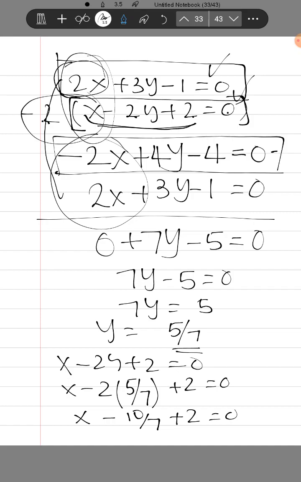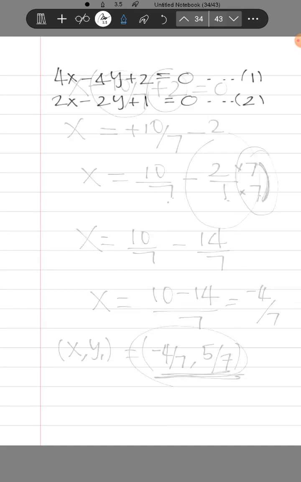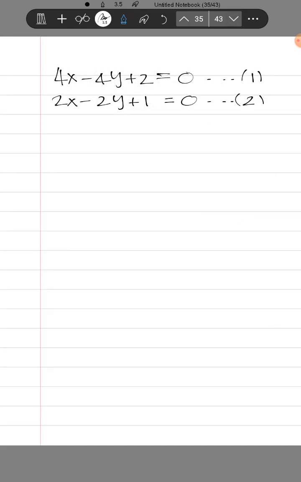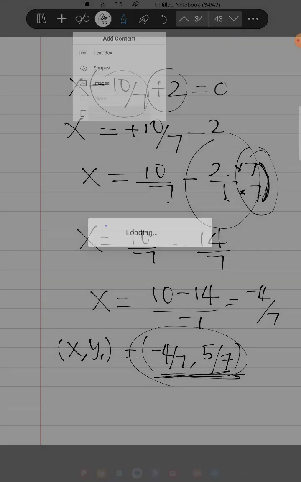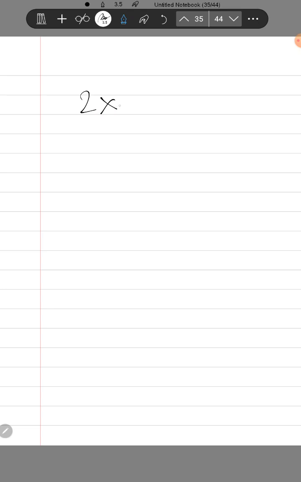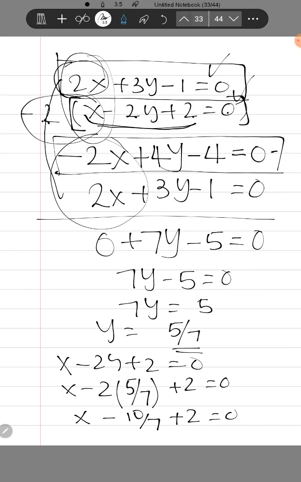Let me do the first one. 2x plus 3y minus 1 is equal to 0. I want to make sure I have the correct equation. 2x plus 3y minus 1 is equal to 0.